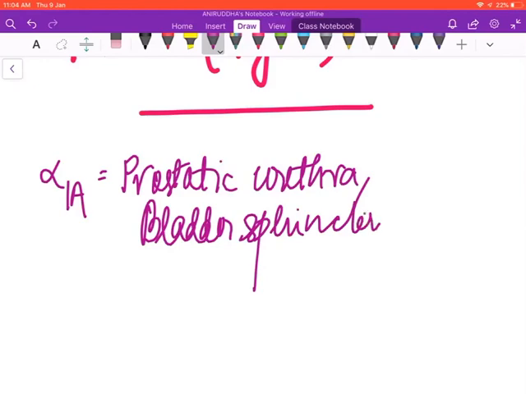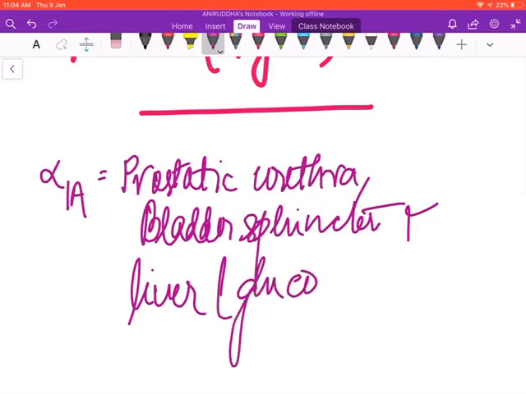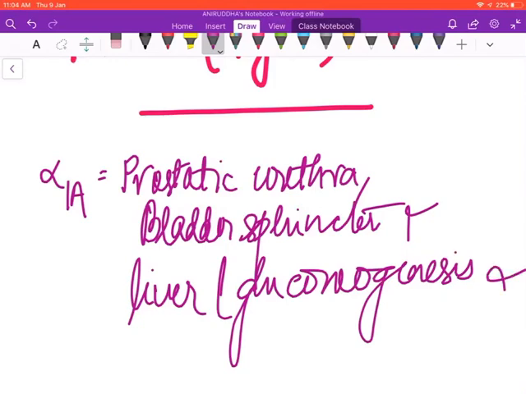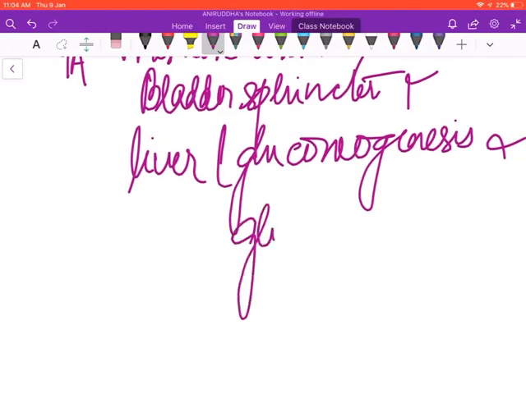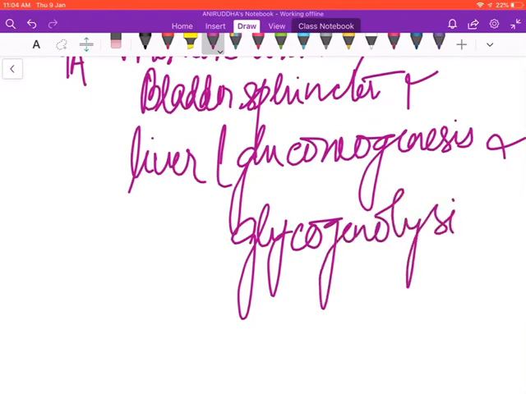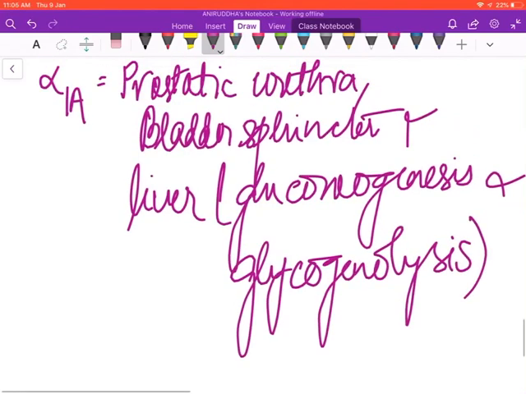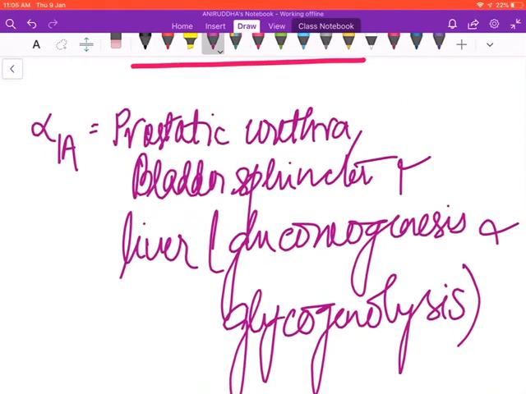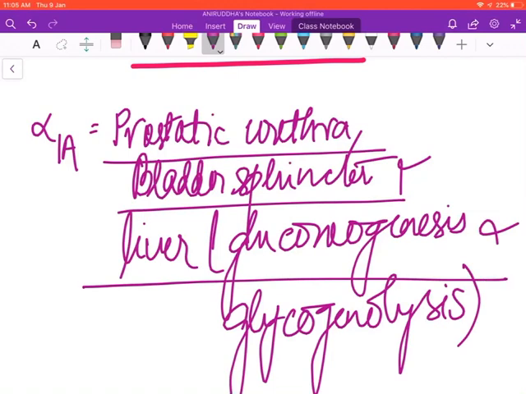And it is also found in the liver, where it controls gluconeogenesis and glycogenolysis. So obviously stimulation of alpha 1A will cause contraction of the prostatic urethra, contraction of the bladder sphincter, and will also promote gluconeogenesis and glycogenolysis in the liver.